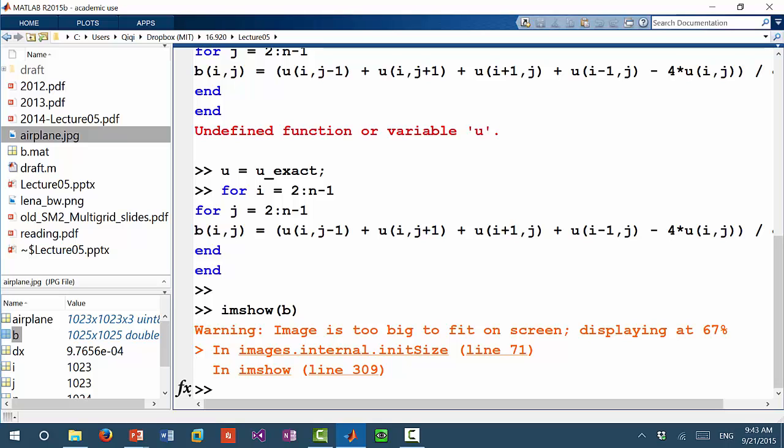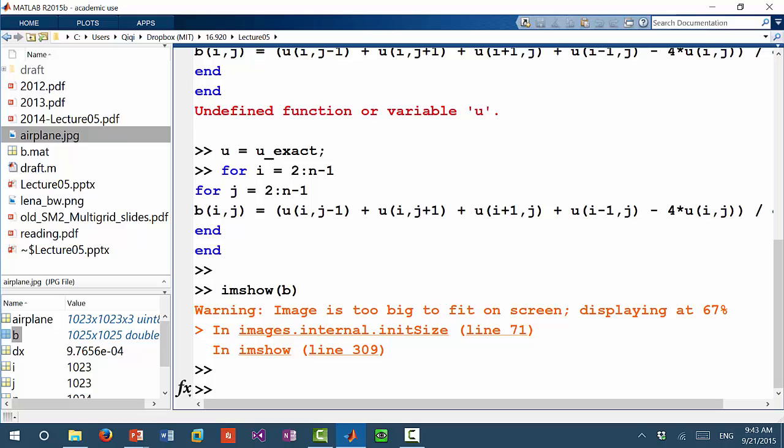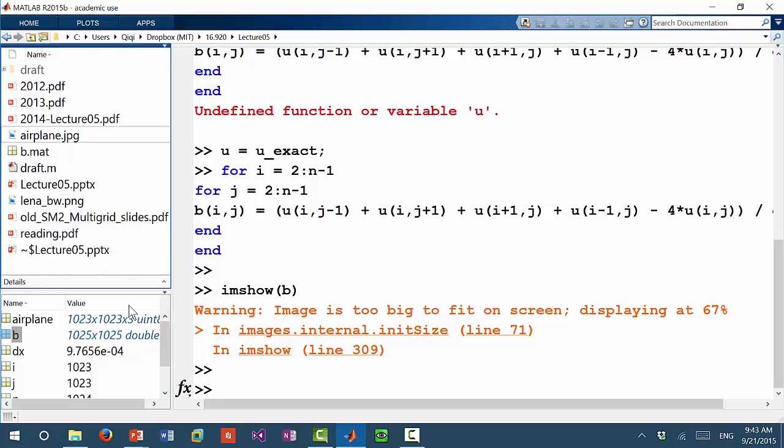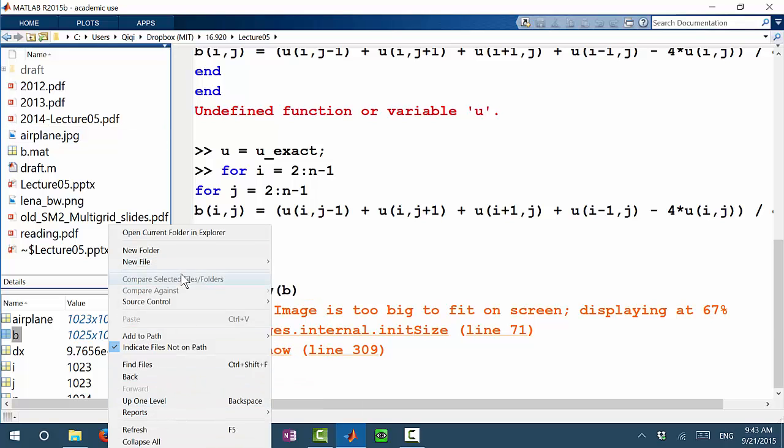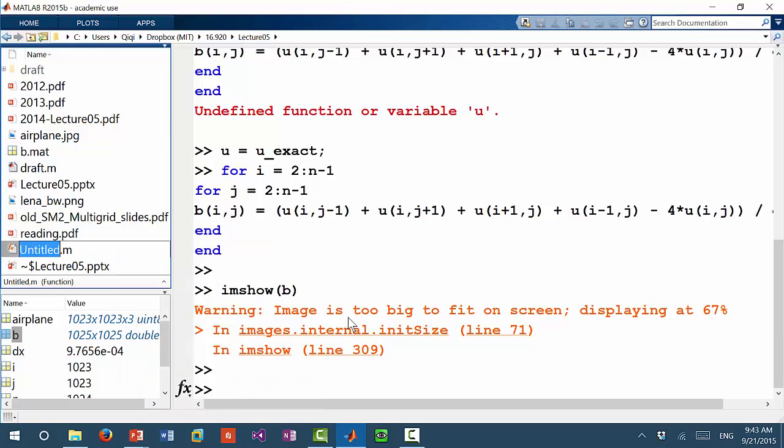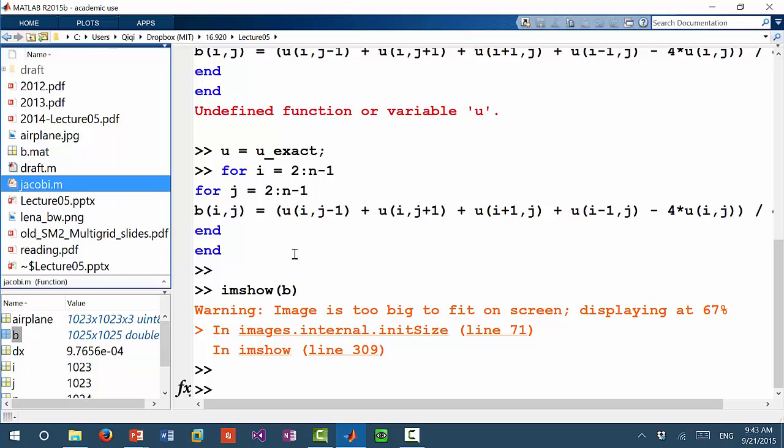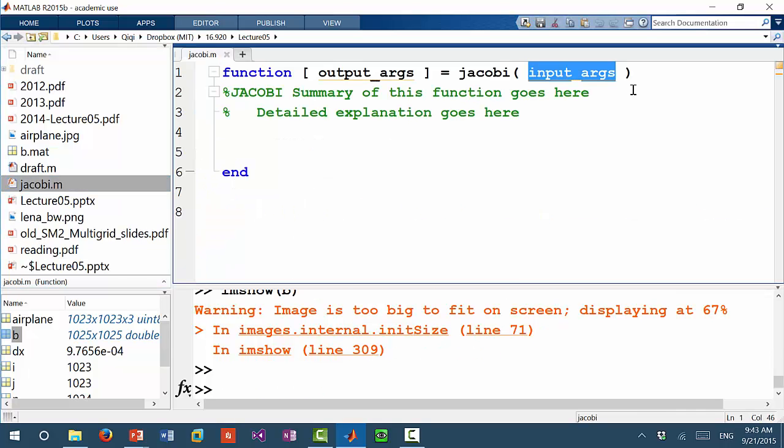Okay, so now I have the b. Let's first review our Jacobi iterations. This time, instead of coding directly, I'm going to make a function called Jacobi.m. The inputs are the initial guess and the right hand side, and the output is my solution at the next iteration.